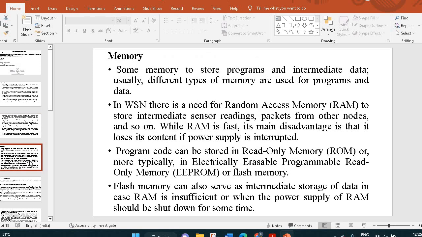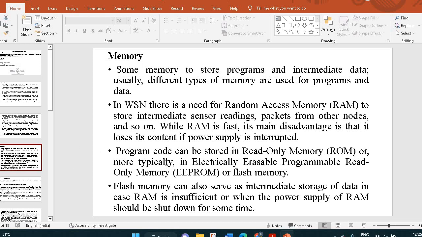Coming to memory, some memory is needed to store programs and intermediate data. Usually different types of memory are used for programs and data. In WSN, there is a need for random access memory to store intermediate sensor readings, packets from other nodes and so on. While RAM is fast, its main disadvantage is that it loses its content if power supply is interrupted.